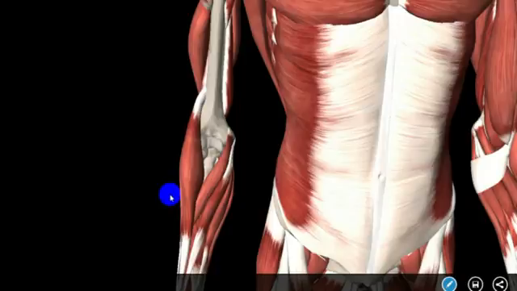So like I said, we'll start with the boundaries. So the cubital fossa has a lateral boundary, this side, then it has a medial boundary this side, then it has a base and an apex.